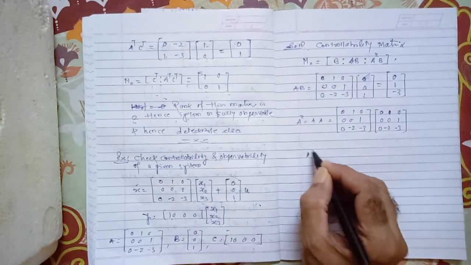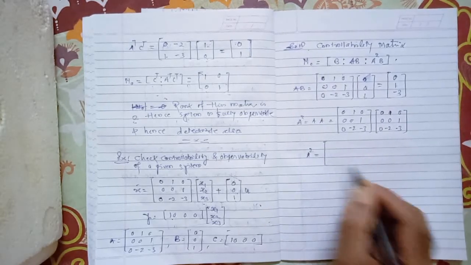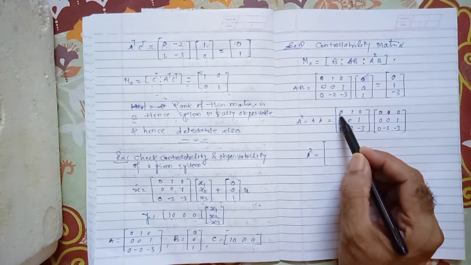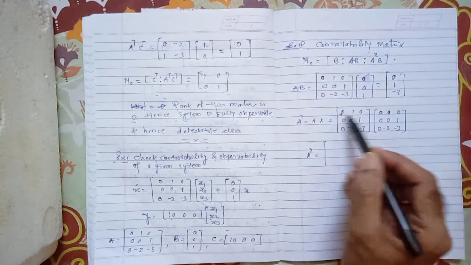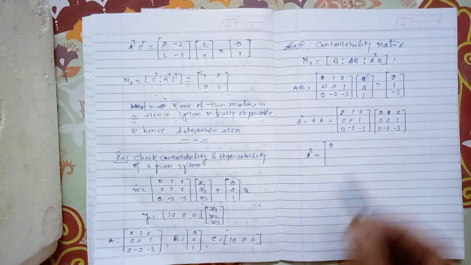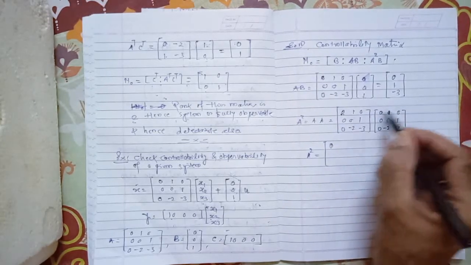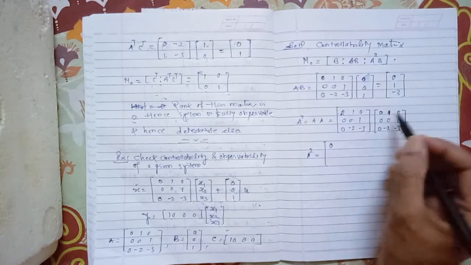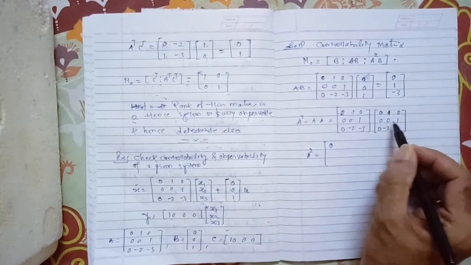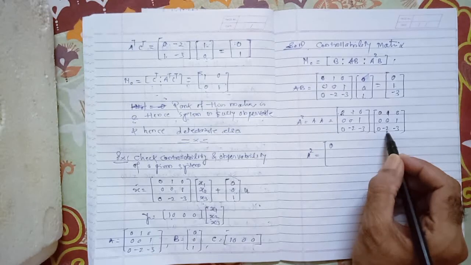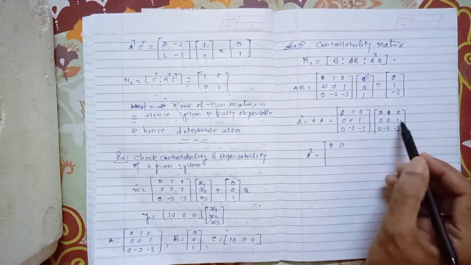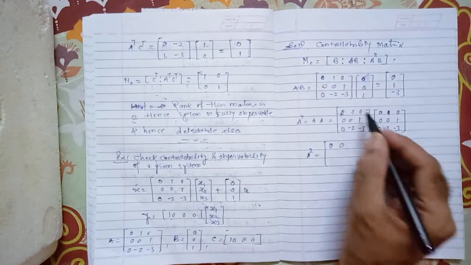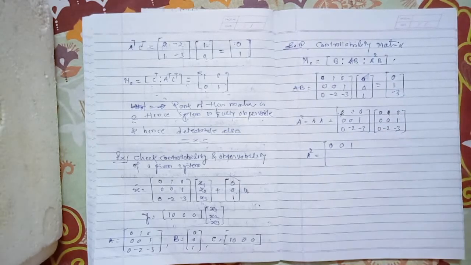So A square equals how much? First row, first column: all these are 0, so here we have 0. Then 0 into 1, that is 0, 1 into 0 is 0, 0 into 2 is 0, so here is 0. Here is 1 and here is -3? The next entry: 1 into 1, so here is 1.